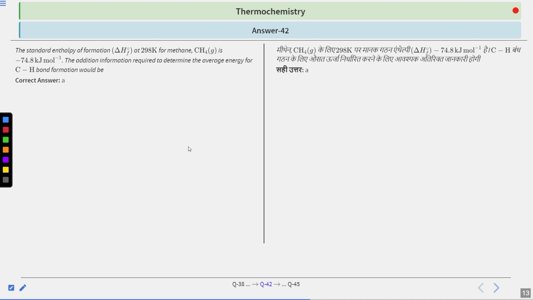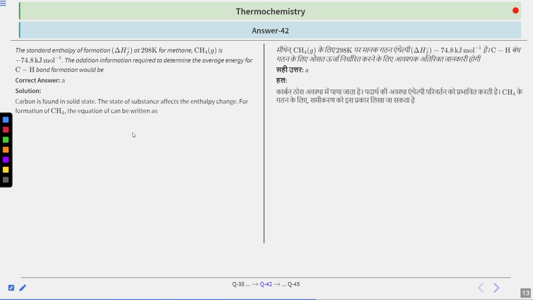Now for those who have solved, the correct answer is A. In this case, carbon is found in solid state, so you need the heat of sublimation also, since the state of substance affects the enthalpy. The equation can be written like this, and you need the sublimation also.